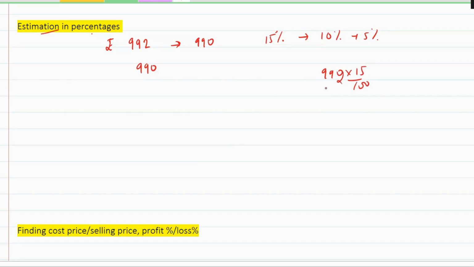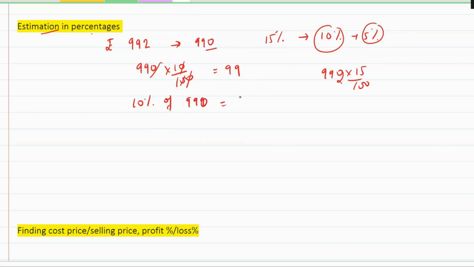But many times we do not have paper, pen or a calculator. So we do mental math, or simple calculation. The first step is to round to the nearest value, because 2 rupees we can reduce, so it is nearest to 990. And take 10% of it. I took 10% because it makes the calculation easy, which is 99, right? And still I have 5%. If 10% of 990 is 99, then 5% of 990 is half of this.